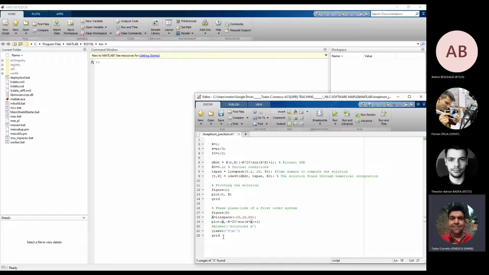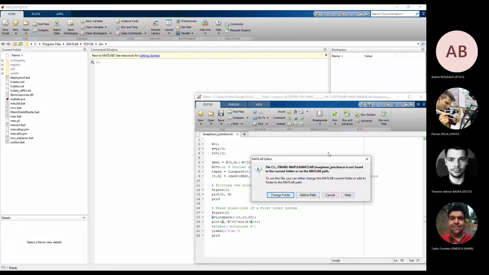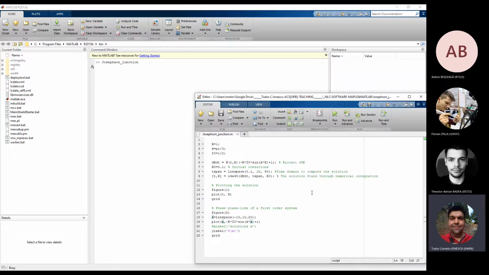Solutions, fx, grid. Let's see if it does something. Add to path and run. It's running.